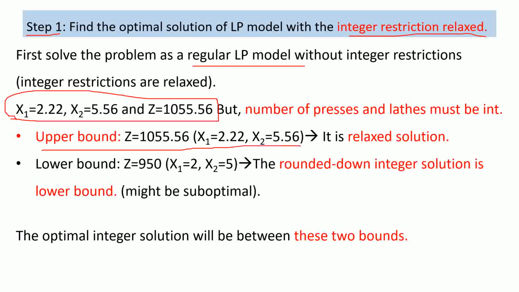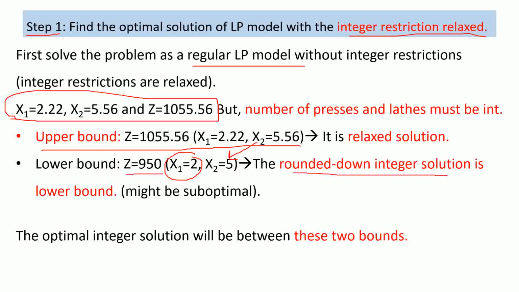It is a relaxed solution, and the lower bound is found when we round down 2.22, which becomes 2, and when we round down 5.56, it becomes 5, right? When we substitute 2 and 5, Z will be 950. This is the rounded-down integer solution.